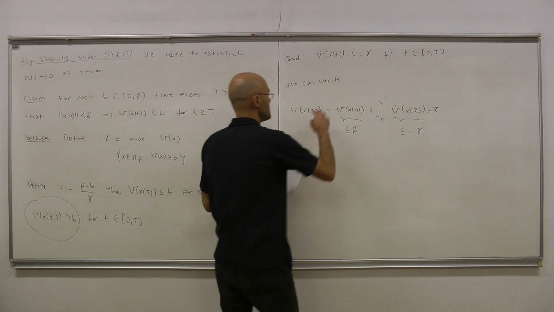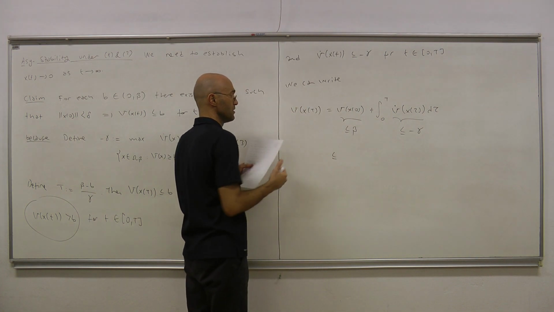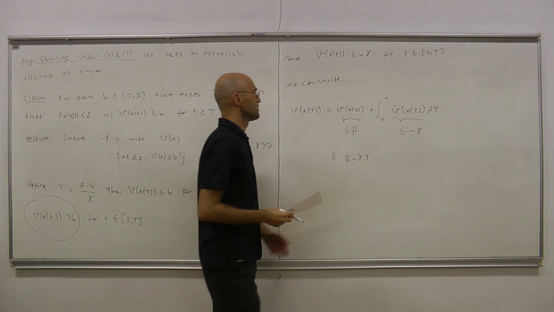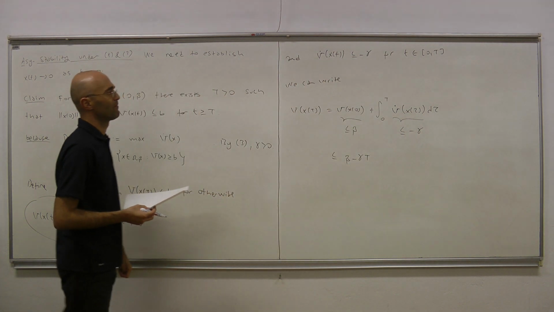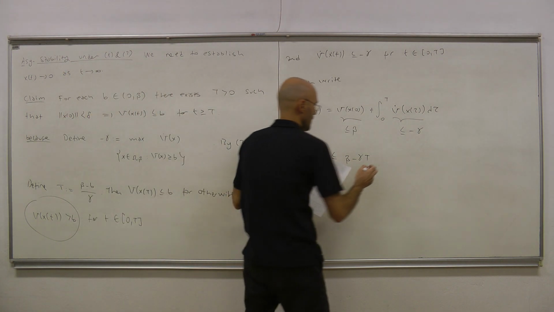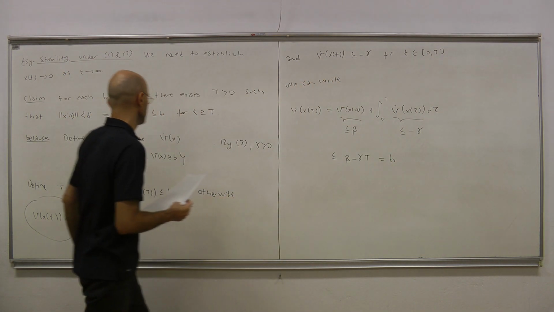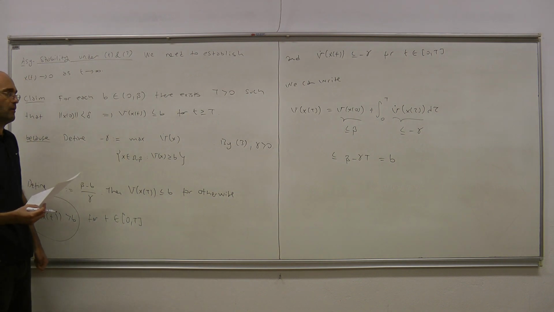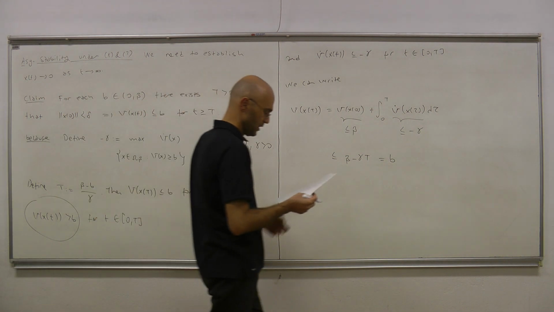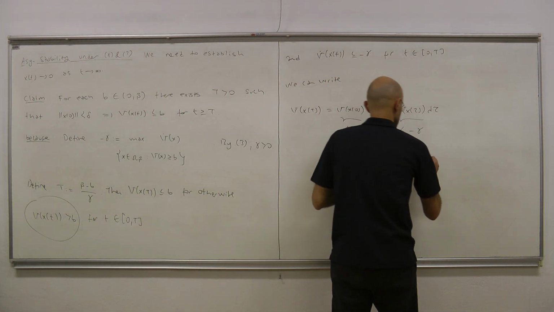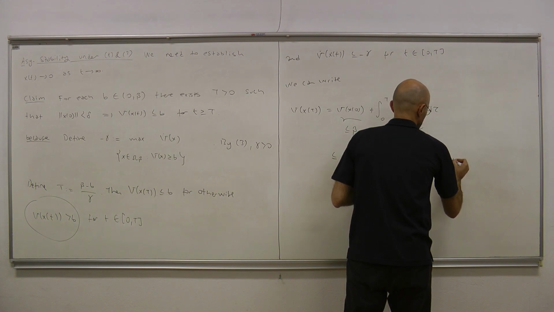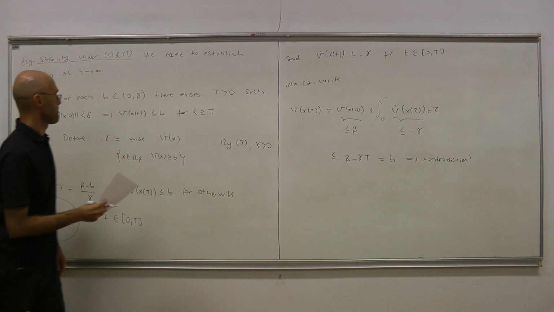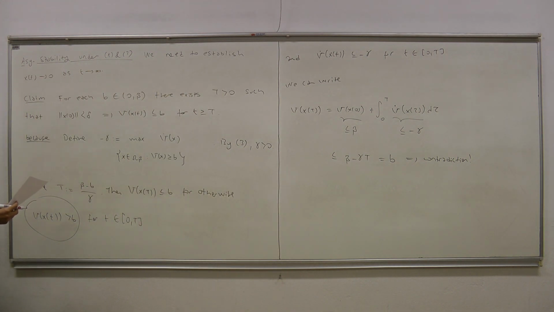And this whole thing, v of x of capital T, therefore must be less than or equal to beta minus gamma times the length of the interval, which is T. And this, by definition of capital T, is no other than b. Hence, we reach a contradiction.